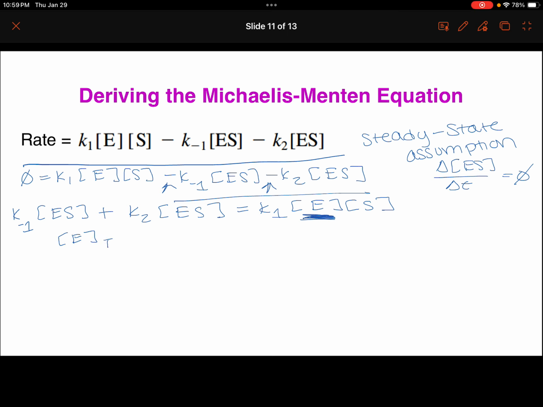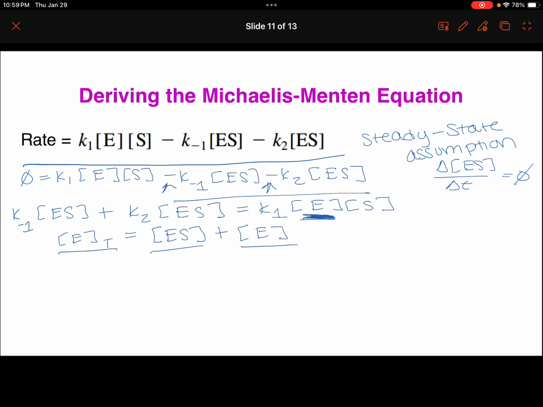And we also know that all of our enzyme has to either be free or it has to be an enzyme substrate complex. All right, so our total enzyme is equal to our concentration of enzyme substrate complex plus our concentration of free enzyme, right? Because the enzyme has to either be unbound or bound. It doesn't have any other options, so the sum of these two together gives us our total enzyme concentration.